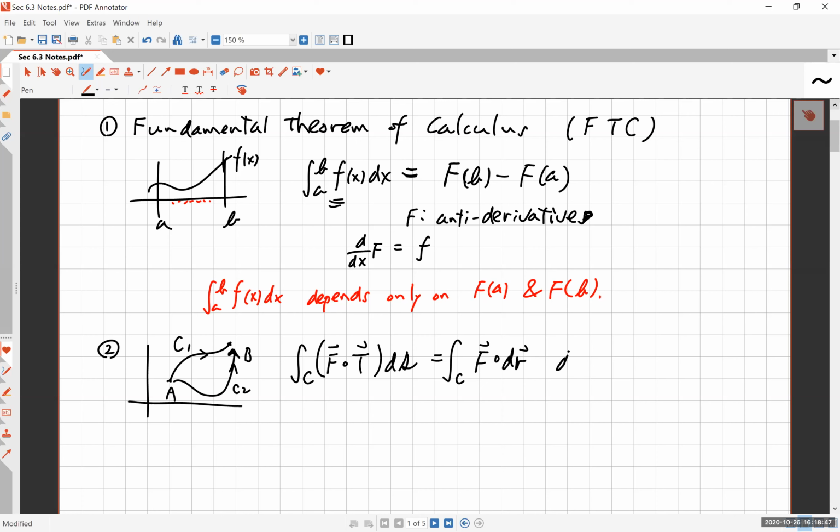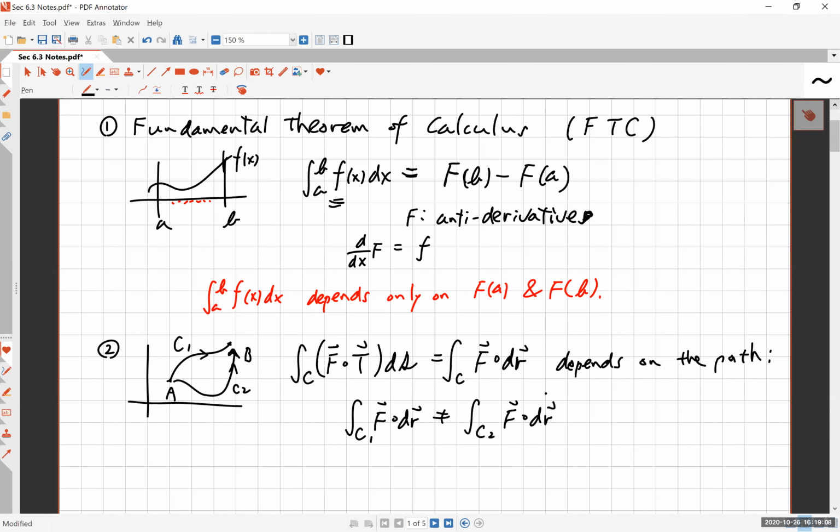But this value actually depends on the path. Okay, and in other words, what I'm saying is that the value of the work integral F dot dr on C1 is generally different from the F dot dr on C2.